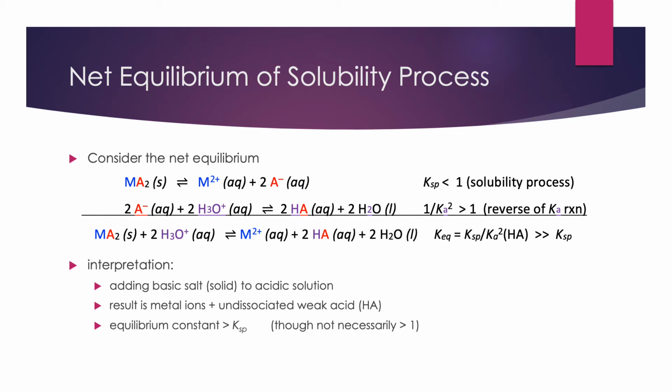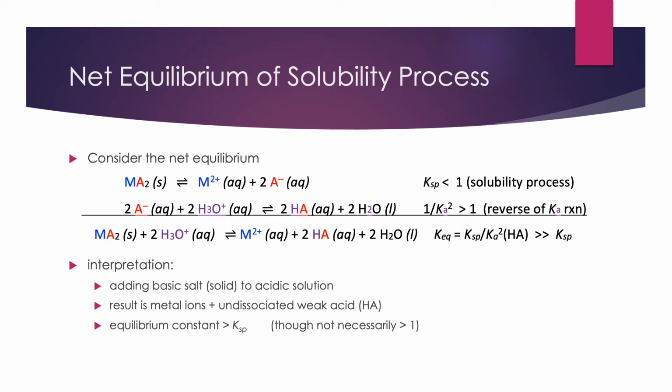The equilibrium constant for this net process is going to be the product of the equilibrium constants of the two reactions we just added together, which is equivalent to KSP divided by Ka squared of HA. And because Ka is less than 1, this is going to be a number that's greater than KSP.